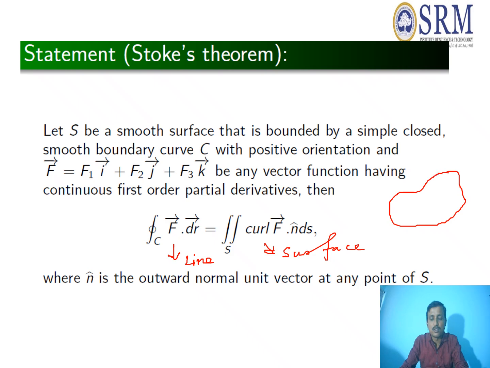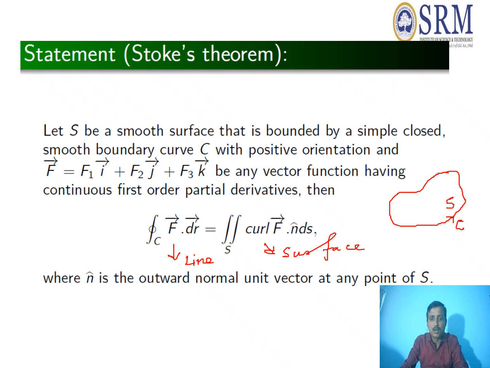Suppose S is a surface and C is the positive oriented curve, and it is the boundary of the surface S, and F is the vector valued function having continuous first order derivatives on this surface. So now what is n?